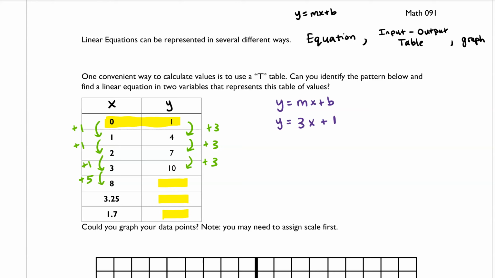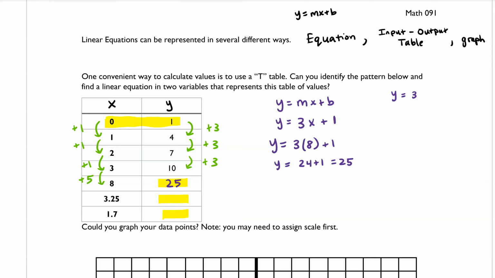So let's use our equation to figure those out. I'm going to plug in 8. So 3 times 8 plus 1 is 24 plus 1, which equals 25. So that's the value that I'm going to put here, 25. And notice we would have gotten the same thing if we added 3 5 times to the previous value of 10. But that makes it a little bit more challenging when we have decimal values like the next one. So that's why we want to use our equation again. So let's plug in 3.25.